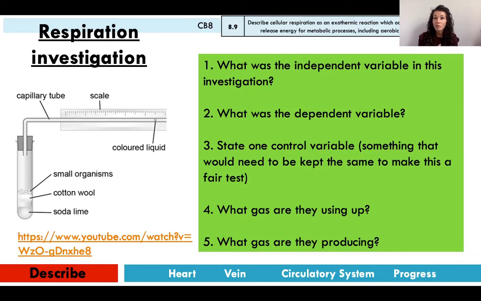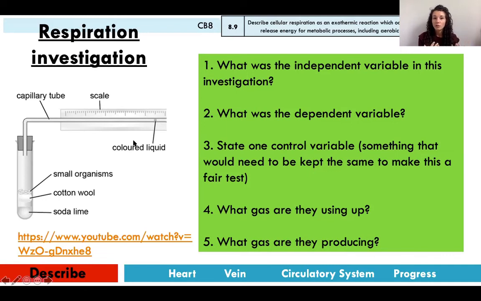The dependent variable, the thing that you are measuring, is the volume of oxygen inside that capillary tube here. So the volume of oxygen inside the tube, or the volume of oxygen being removed from the tube. So that's the dependent variable. That's the thing that you are measuring.